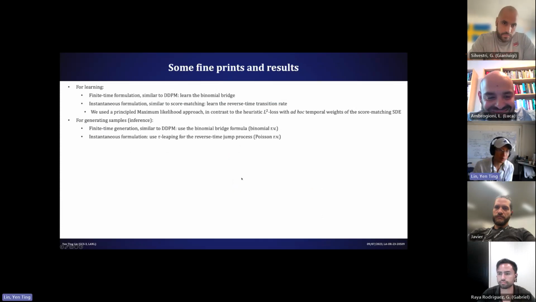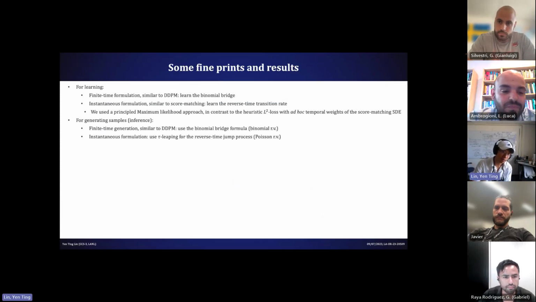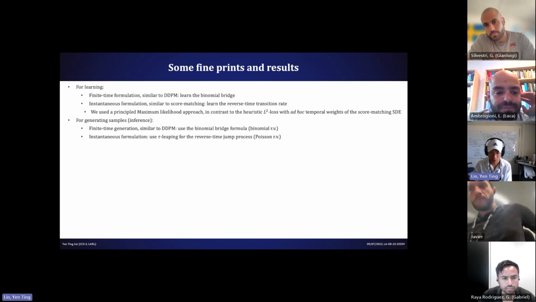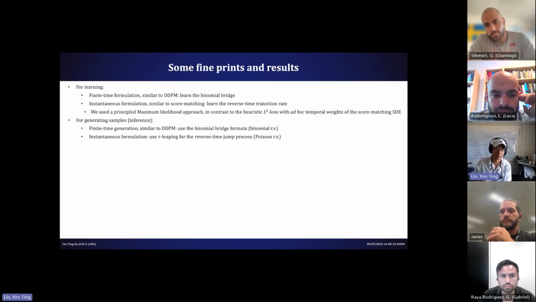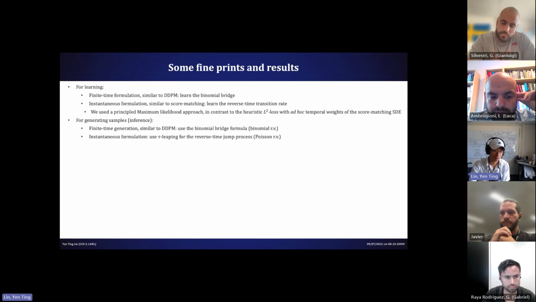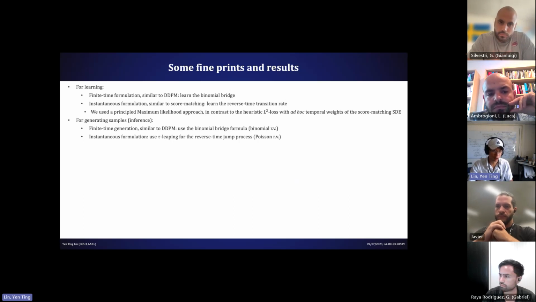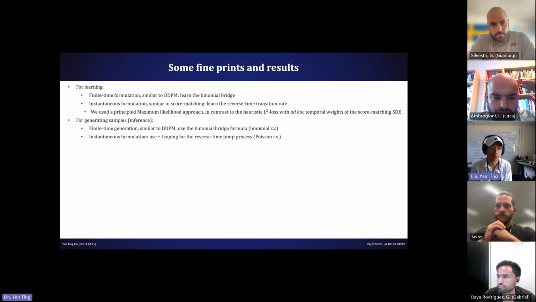For generating samples, we also have two ways. One is finite time generation. You use this bridge formula, and you basically hop backward a finite time. The second way is instantaneous. You have an SDE, you integrate backward, and then you have to discretize the time step. In the Gaussian, Ito setting, you use Euler-Maruyama. That's what most people use.